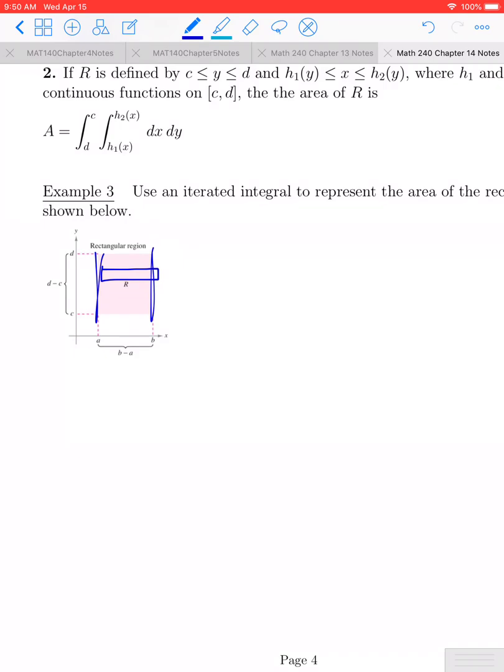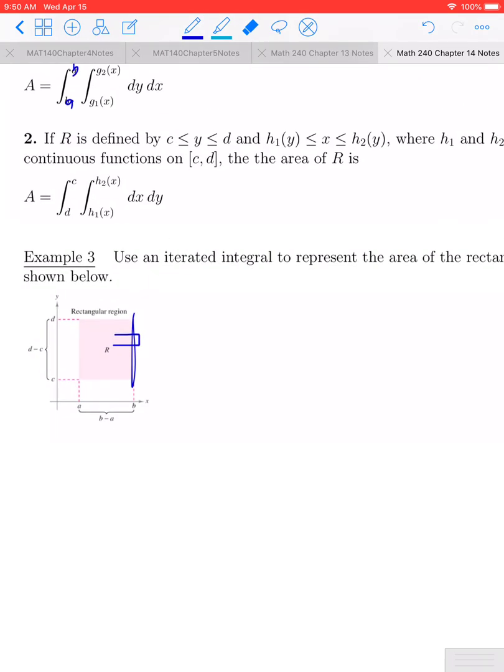So for this particular problem, we have our pick in terms of how we might want to set this one up. Since we already have the vertical bounds here, let's set it up as follows. I'm going to use the order dy dx.